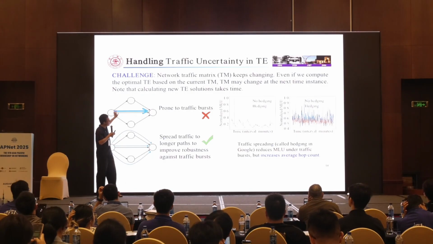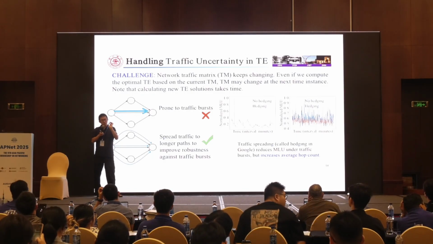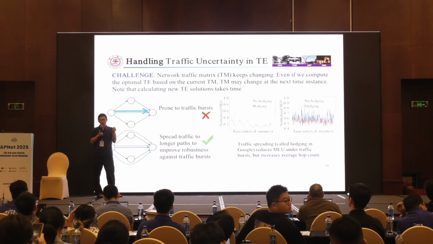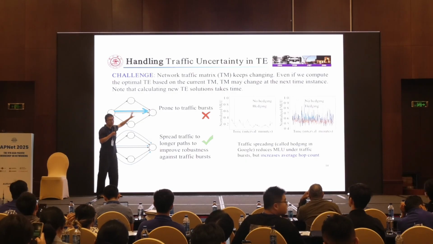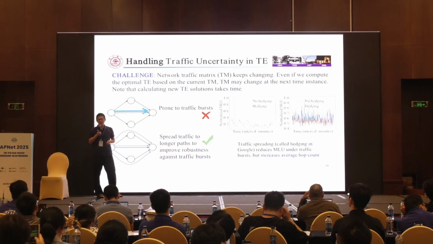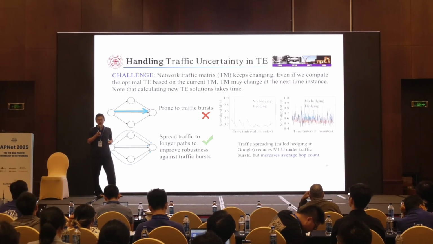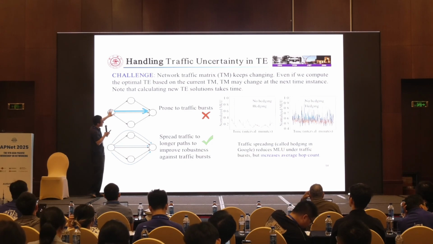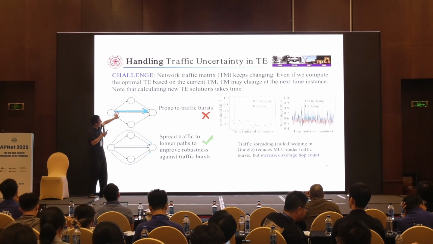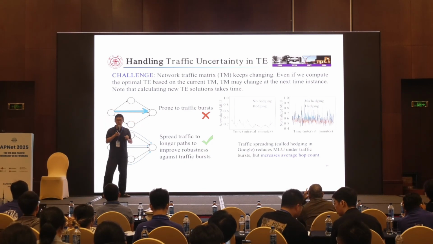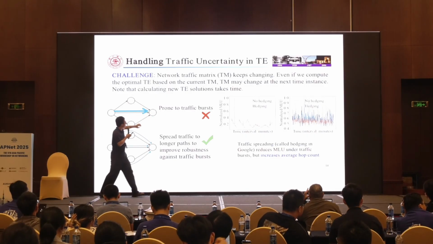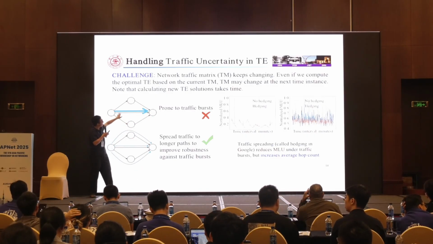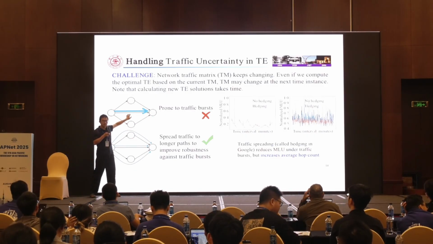Maybe the total amount of traffic is small, and this direct link has enough capacity to handle it. But I would say this approach is prone to traffic bursts, because when traffic bursts, all the bursts need to be handled by this one link.